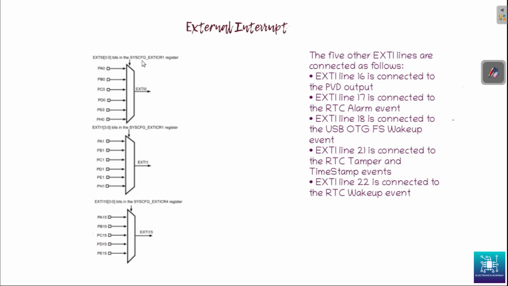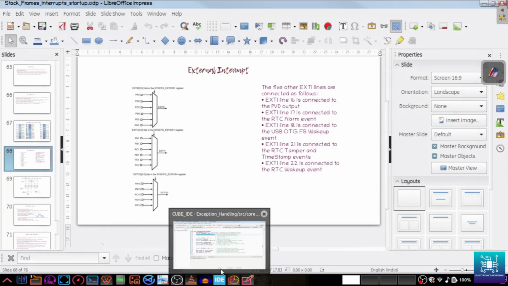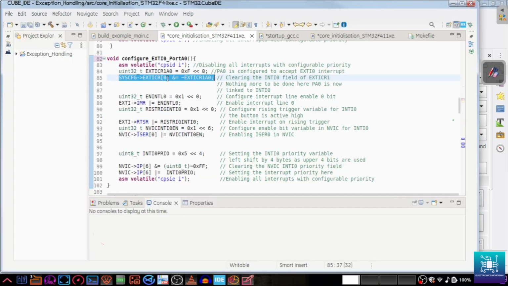The register name is SYSCFG EXTICR1, but the offset here is EXTICR0, because this is the zeroth element in the CMSIS header, but the name of the register is EXTICR1. So you have to be careful about that. If you try to look for the EXTICR0 register, you will not find it.